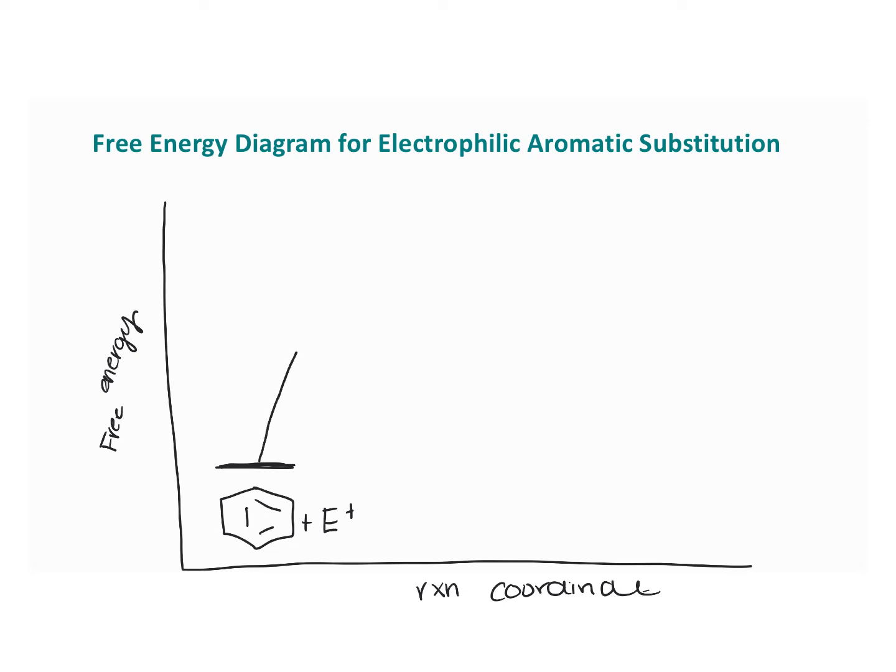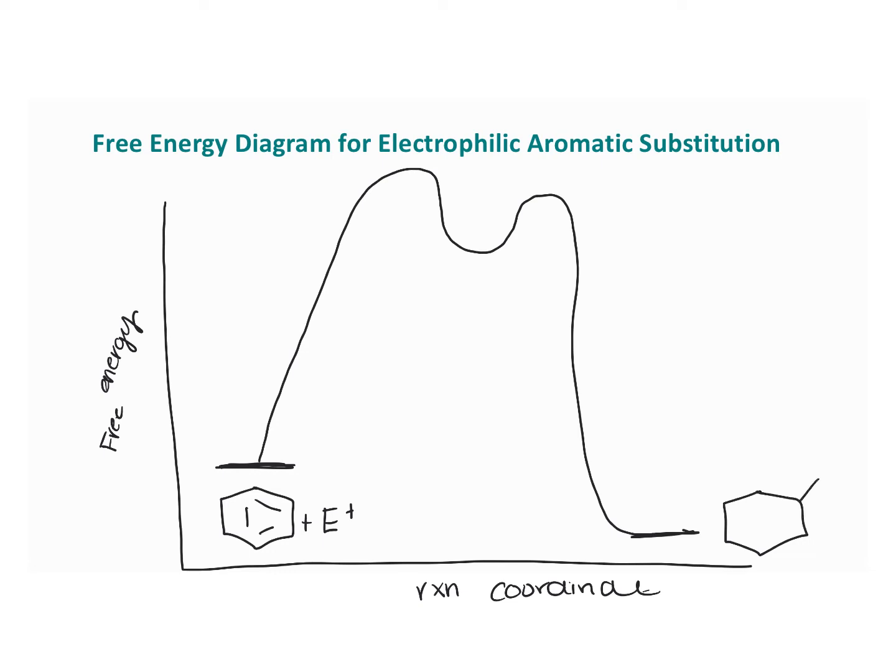And then what we see here is our product, and then here is the arenium ion intermediate right there. And then what you can see here is a really high energy transition state.